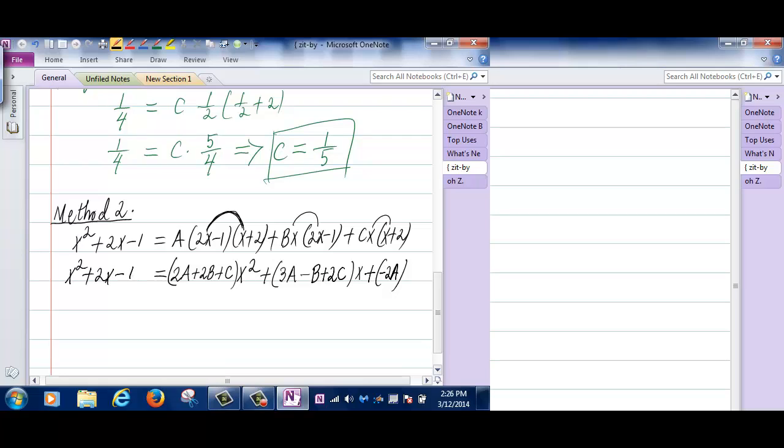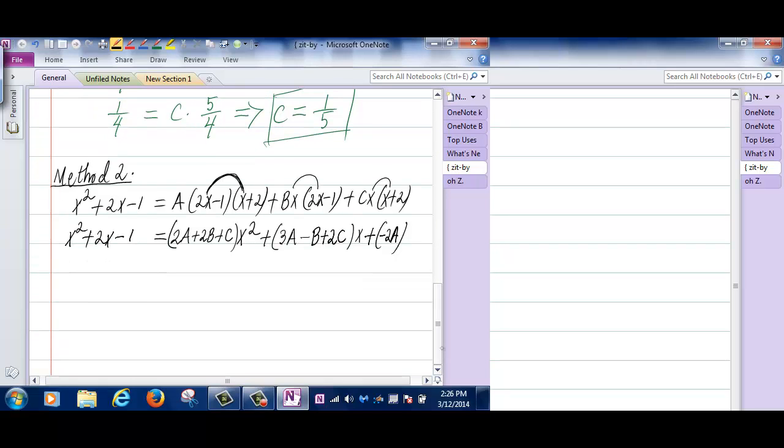When two polynomials are equal, the coefficients must be the same. So I could say that 2a plus 2b plus c is equal to what? 1.